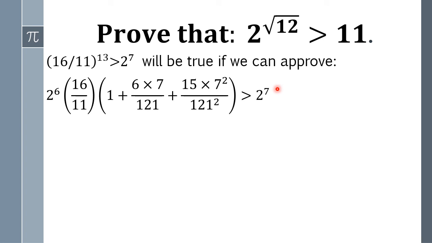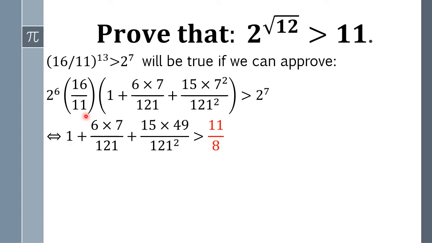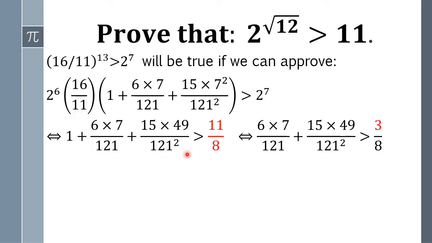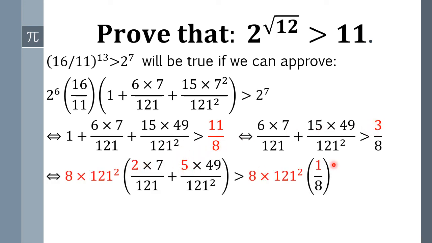This inequality, both sides can be divided by 2 to the 6th power times 16 over 11. And then both sides can be subtracted by 1. Then divided by 3. Then times 8 times 121 squared.